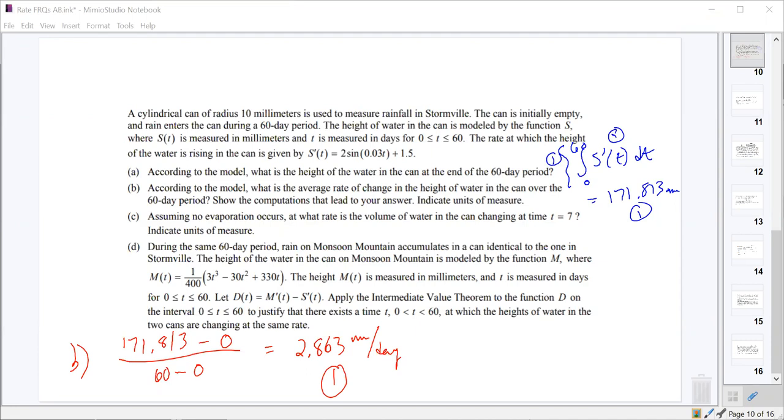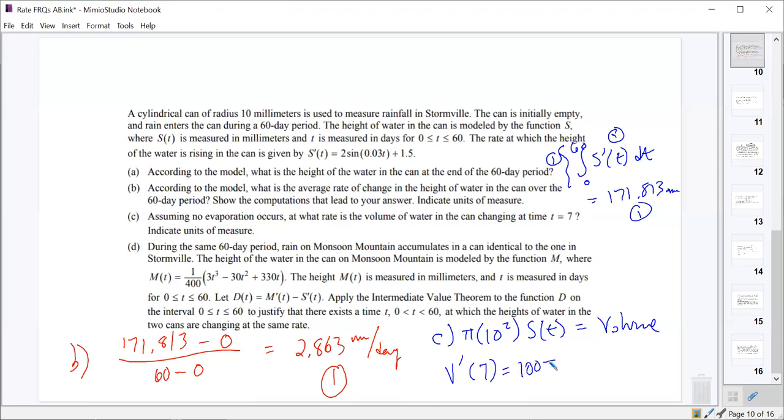And the height is our function S of t. So for part C, we're looking at pi times the radius squared times S of t is the volume, or 100 pi S of t. And so we want to know at what rate is that volume changing at t equals 7. So that would be volume, its derivative at 7, which ought to be 100 pi S prime of 7.